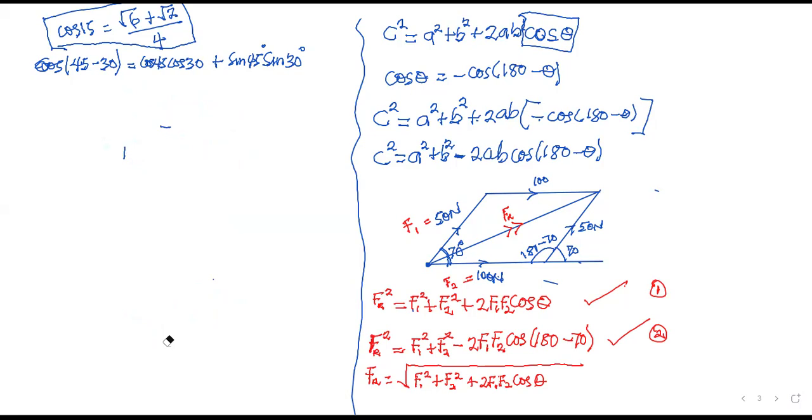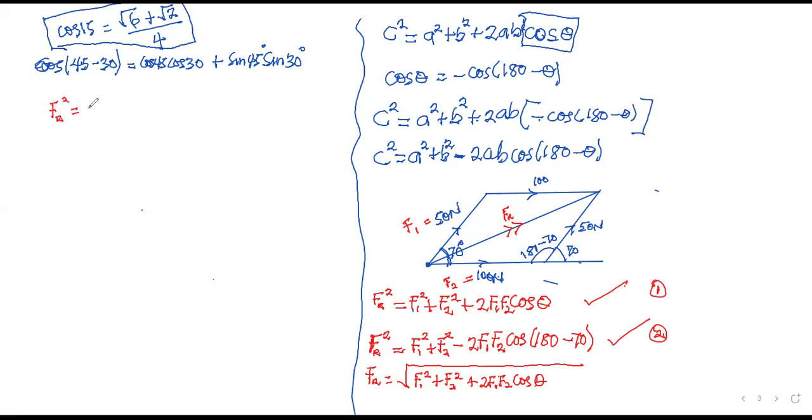So all that I'm trying to let you understand is that with the cosine rule, you can use the angle between the two vectors, or you can also use the corresponding acute angle. But the only difference is that if you use the angle between the forces, it must be plus.